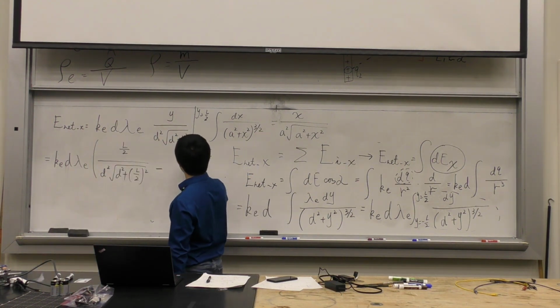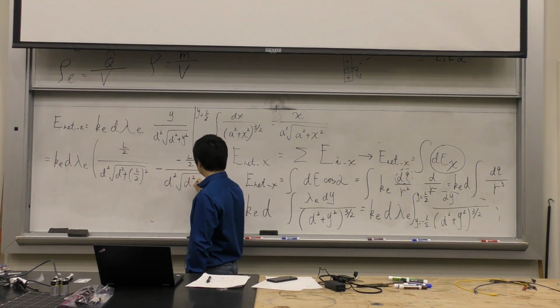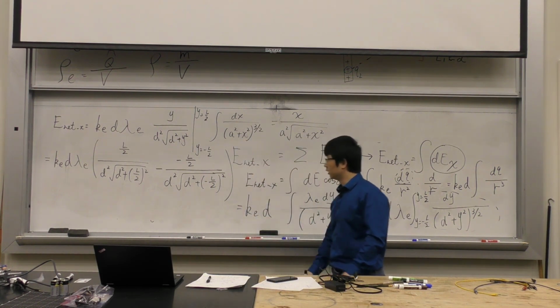Minus, plug lower bound in, -1/2 L. Lower bound D squared plus -1/2 L squared, and subtract them, right?